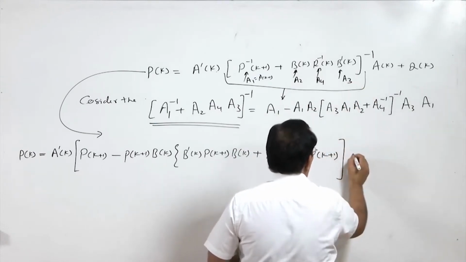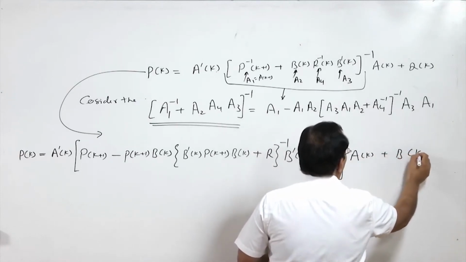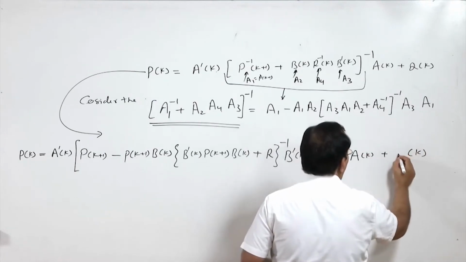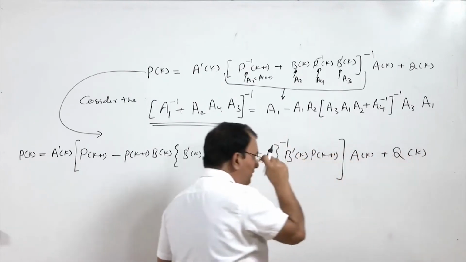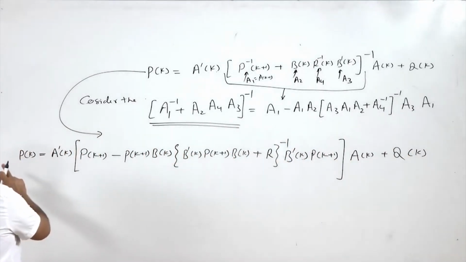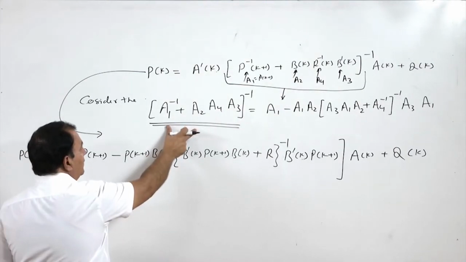This is multiplied with Ak plus Qk. So, this difference equation is converted into this form if I use this identity.